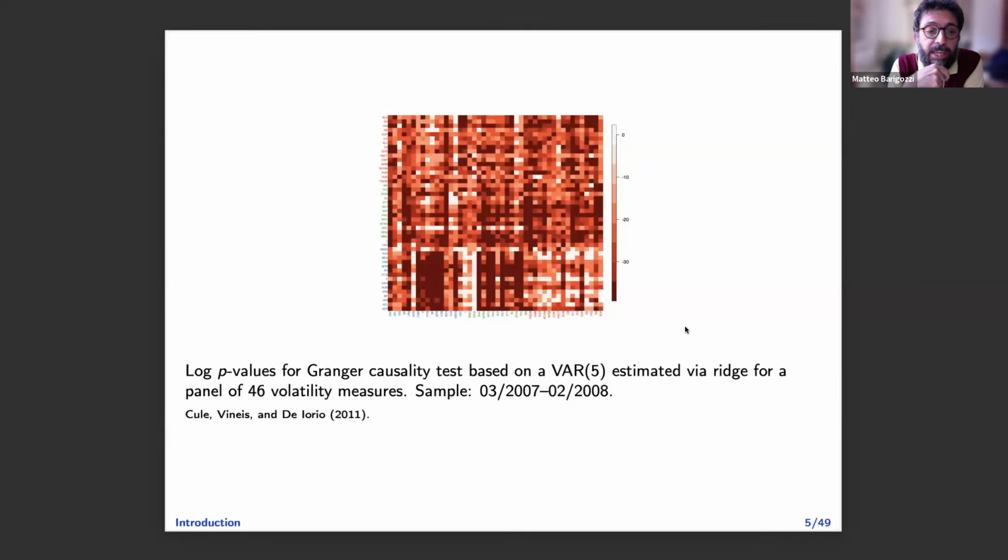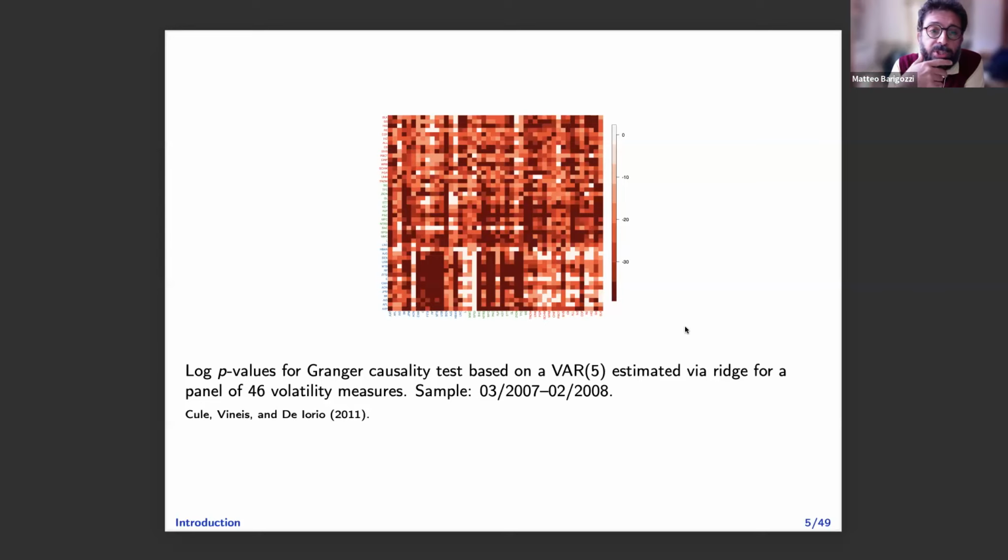On the other hand, one can look at things from another point of view. Okay, let's assume that we take the same panel and we estimate a VAR through ridge, because this is too large to be estimated with OLS. And then there is a way to test for Granger causality even when you estimate with ridge. Here is a reference. And then you can compute p-values for Granger causality and use Bonferroni correction. This is a rough approach, but just to give you an idea.